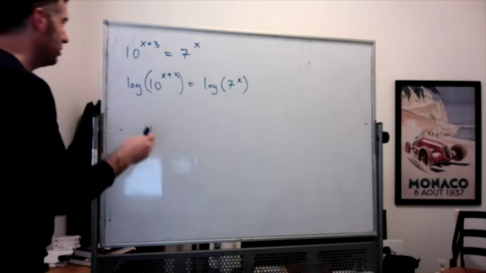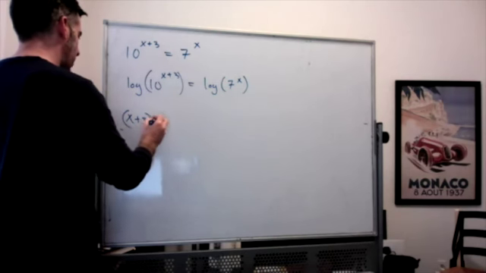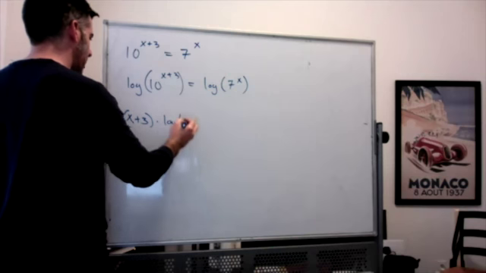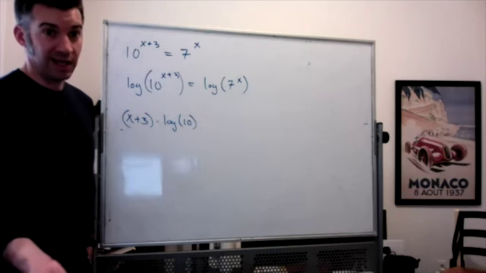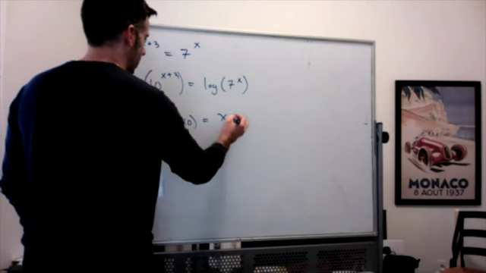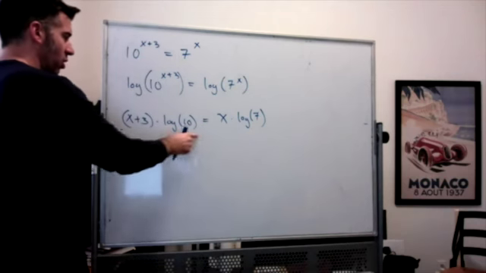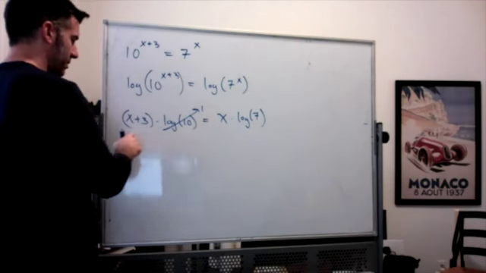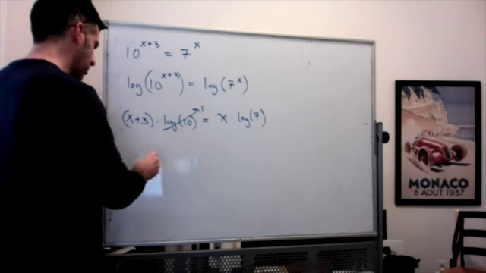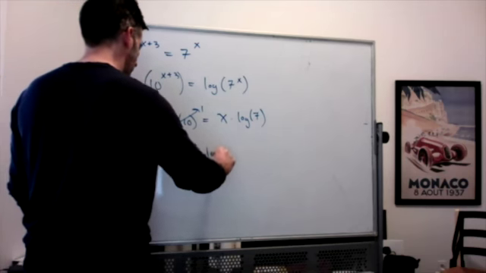So I'm going to bring down my powers, and then x plus 3 times log of 10. Log of 10 is just 1, equal to x times log of 7. So this is just 1, and 1 times anything is just whatever you got over here. This is just x plus 3 equal to x times log of 7.